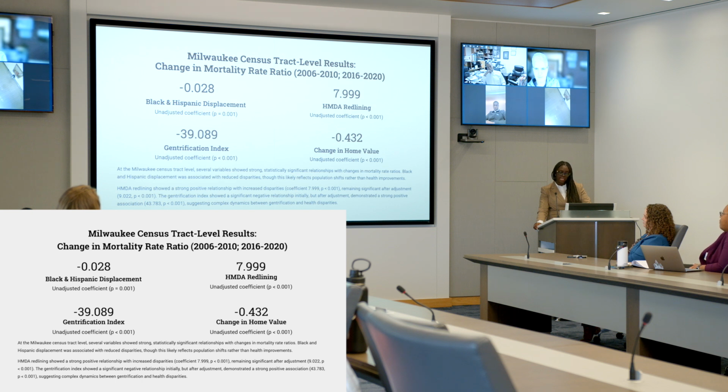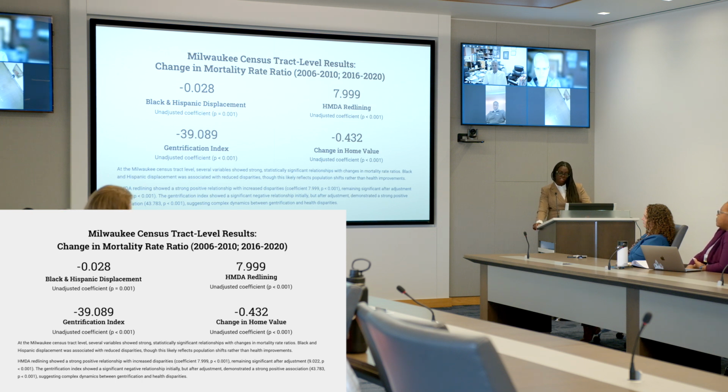For the HMDA, redlining showed a strong positive relationship with racial mortality disparities, underscoring the long-lasting effects of disinvestment on contemporary mortgage loans and lending on racial mortality disparities.